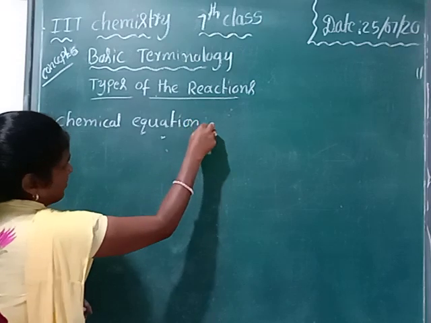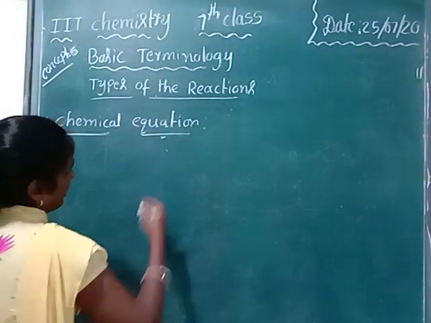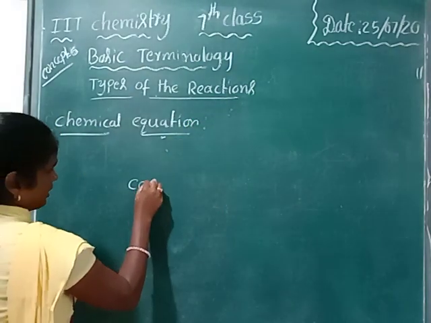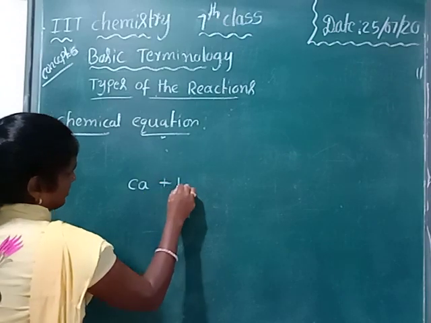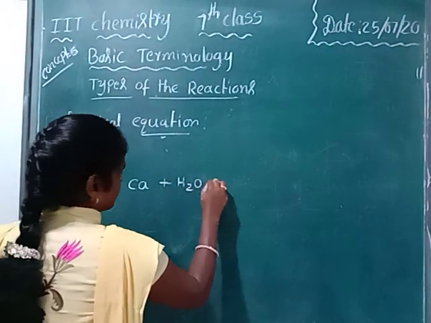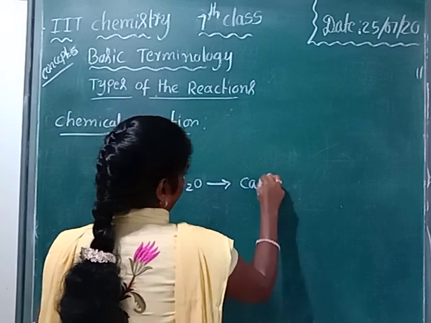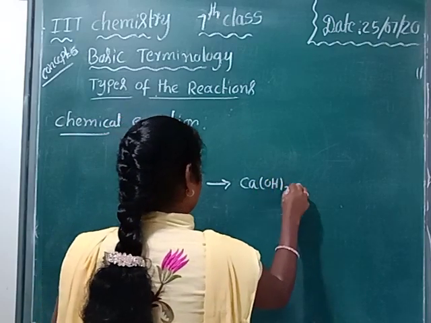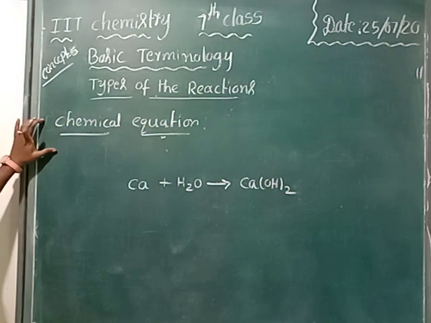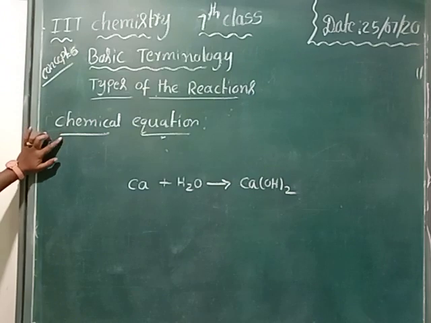Chemical equation means first I write one equation: Ca plus H2O gives Ca(OH)2. This is an equation. What is the definition of a chemical equation?